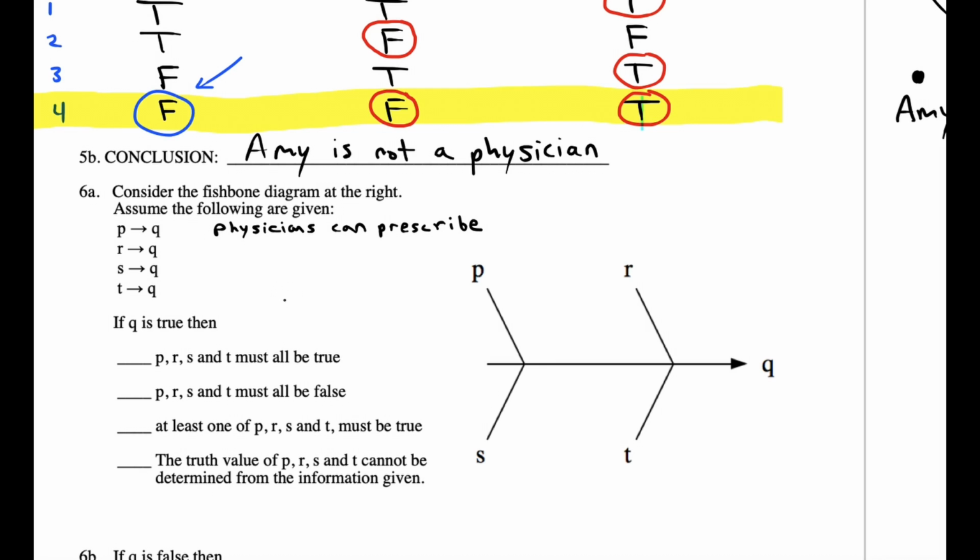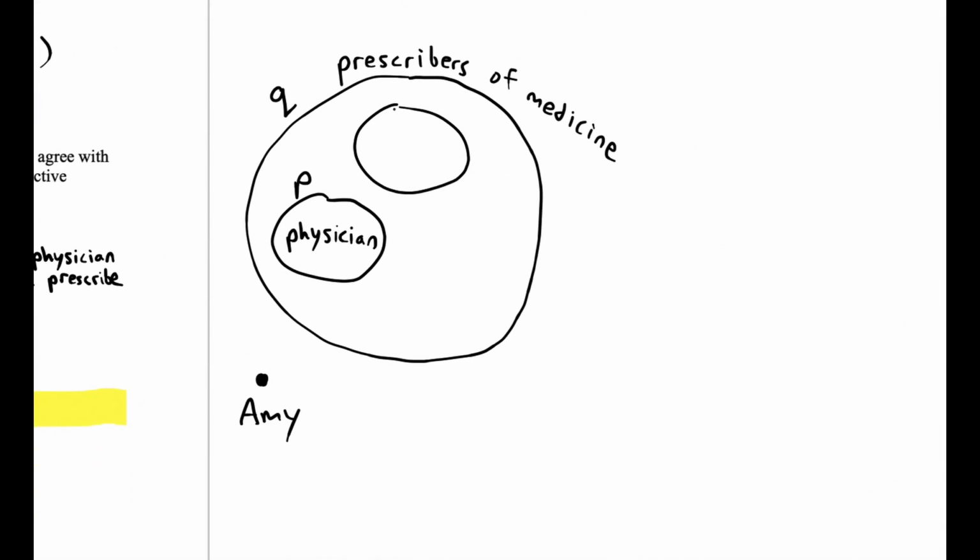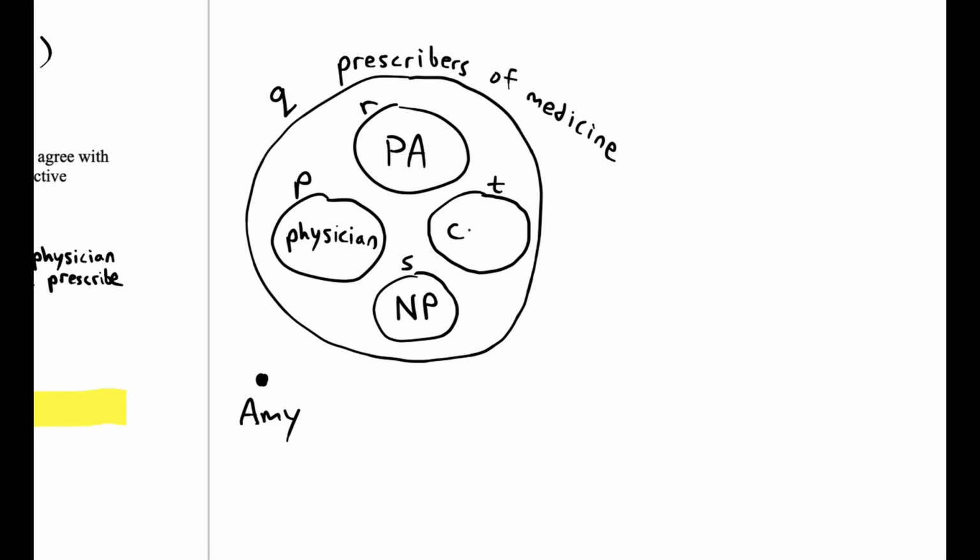R could be some other profession who could prescribe medicine, because physicians aren't the only ones. You could have R, which could be physician's assistants. You could have S, which could be nurse practitioners. They're able to prescribe medicine as well. And even bubble T, which could be a thing called a CRNA.